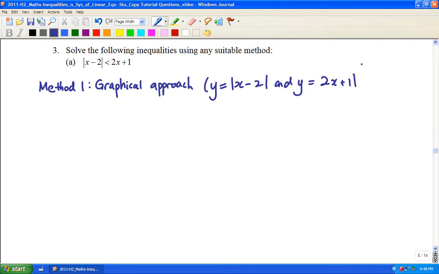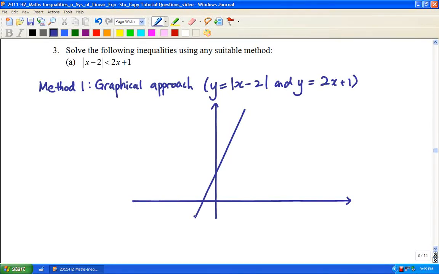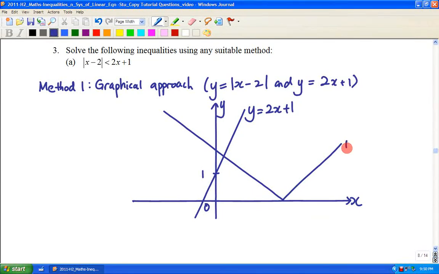So the graph should appear something like this. The straight line graph, of course, would correspond to y equals 2x plus 1, whereas the v-shaped graph would be y equals modulus of x minus 2.